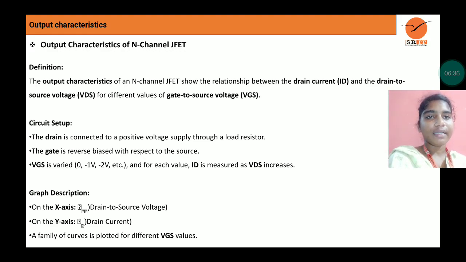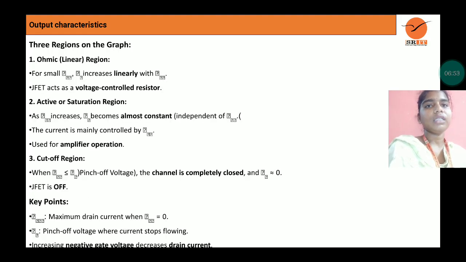VGS is varied, and for each value ID is measured as VDS increases. Graph description: the x-axis is the drain-to-source voltage and the y-axis is the drain current. A family of curves is plotted for different VGS values. There are three regions in the graph: the ohmic or linear region, the saturation region, and the cutoff region.